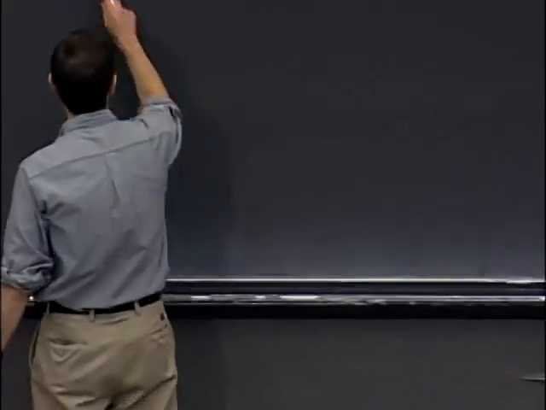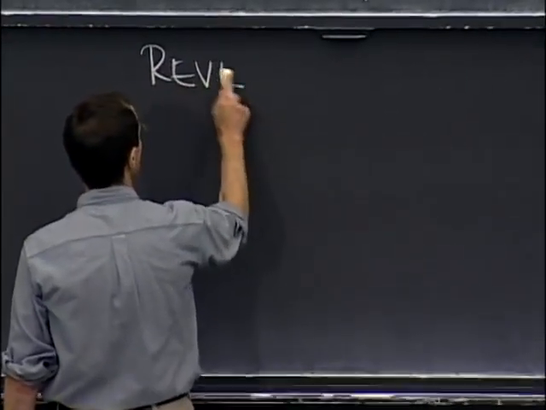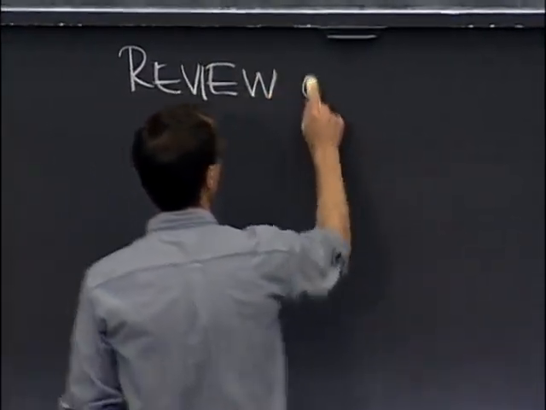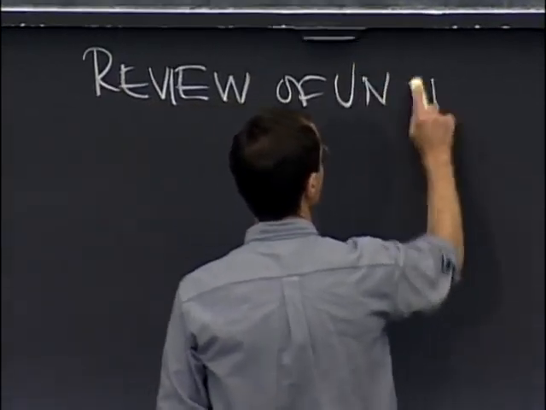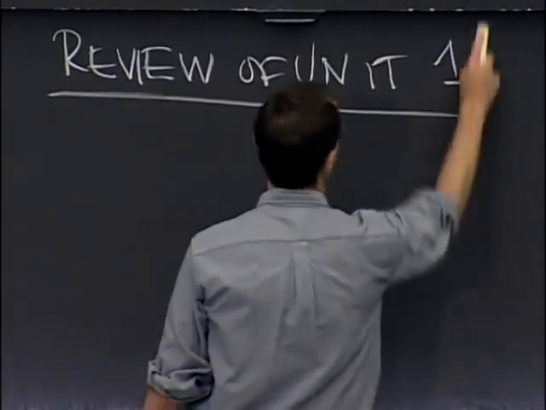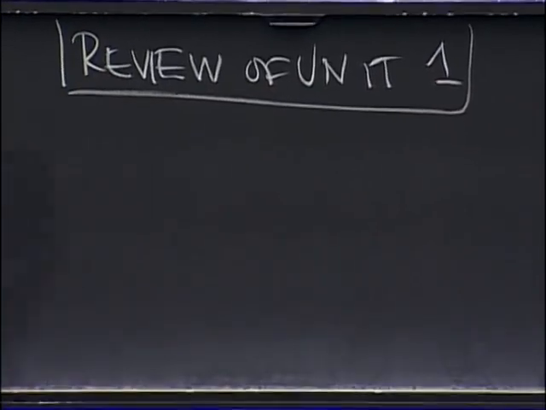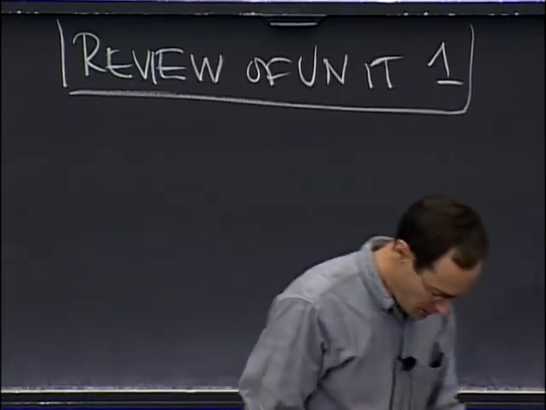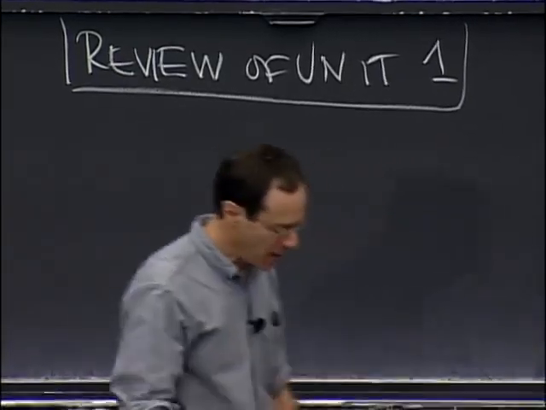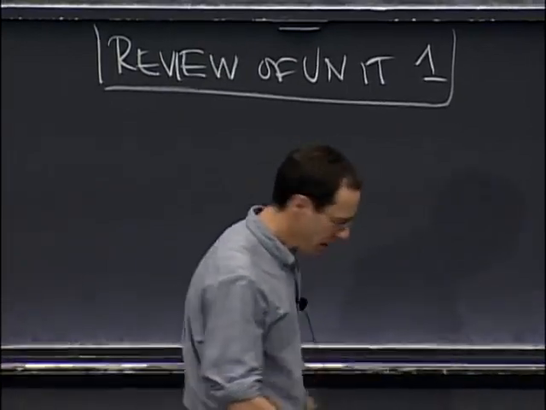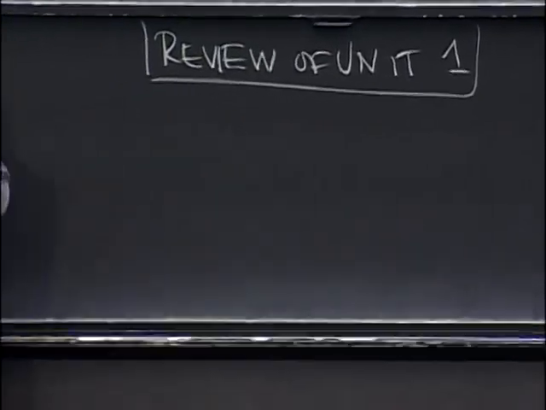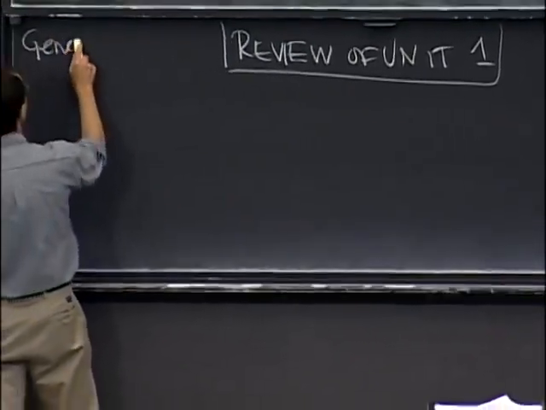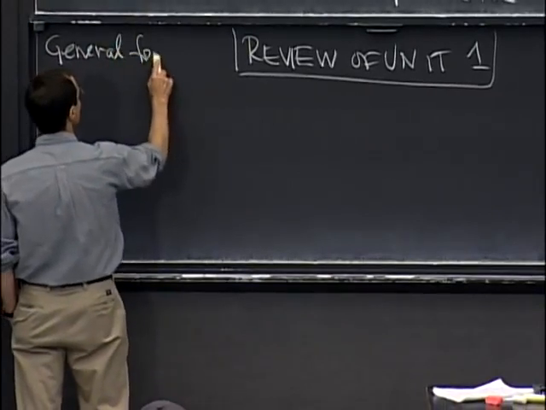All right, so this is a review of Unit 1. And I'm going to just put on the board all of the things that you need to think about anyway, keep in your head. And so there are what are called general formulas for derivatives.